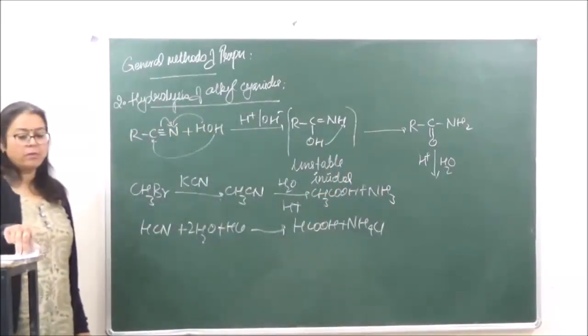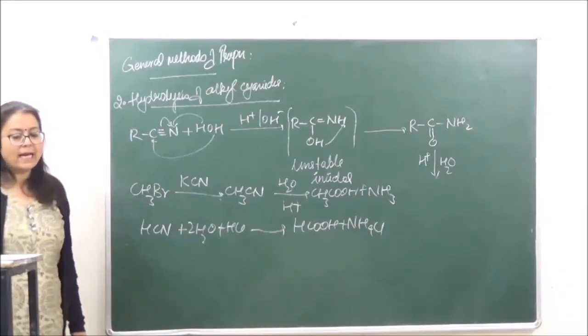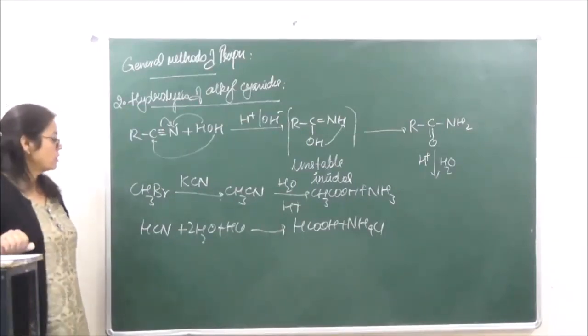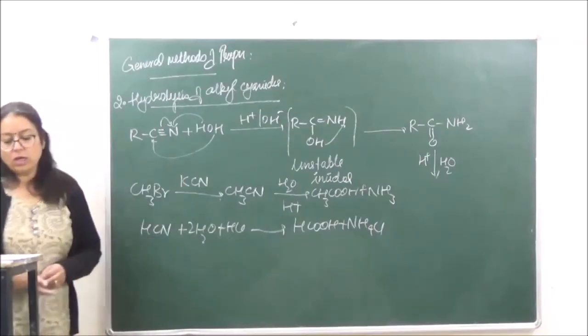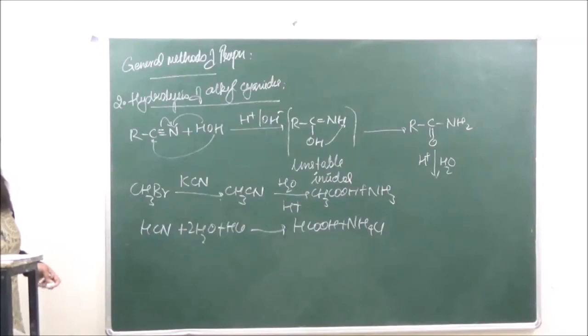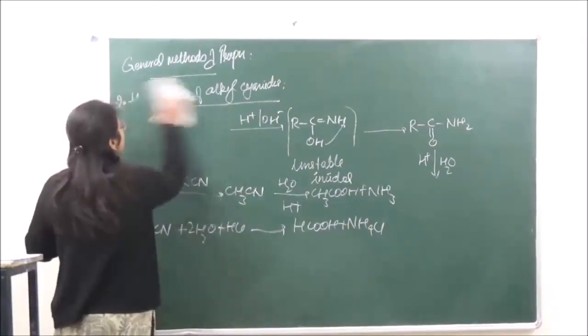So for the preparation of formic acid, rather than using an alkyl nitrile, we should use HCN. Clear? Then we go on to the third method of preparation, hydrolysis of terminal trihalogen derivatives of alkanes.